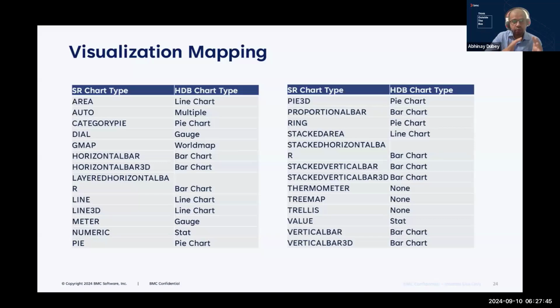The most commonly used visualizations on smart reporting have something very similar, if not exactly the same, on Helix Dashboard. But there would be some visualizations which do not make sense for a Helix Dashboard kind of platform, so you may not find some of them. A thermometer is one such example.